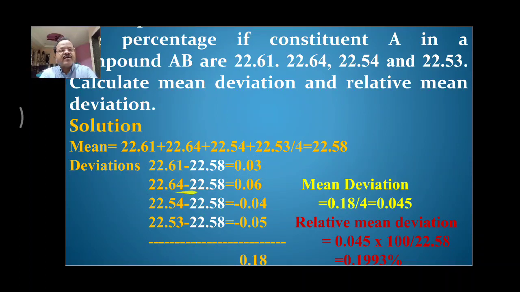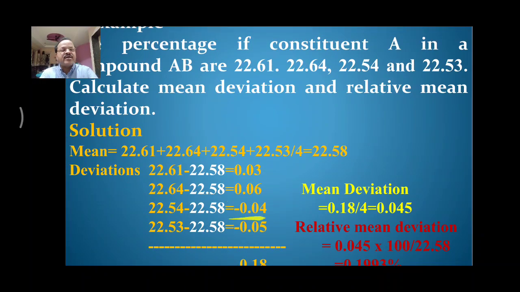The second reading 22.64 minus 22.58, which is the mean, and this difference is 0.06. The third one is 22.54 minus 22.58, that comes to be minus 0.04. The last one 22.53 minus 22.58, that comes to be minus 0.05.